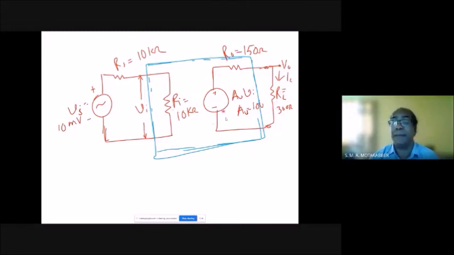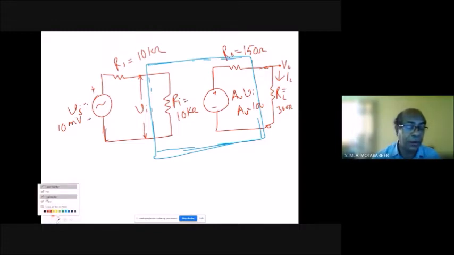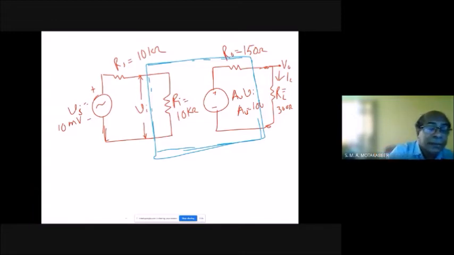So what happened? You are asked to determine or calculate the output current, determine the value of IL, how much; V output is equal to how much.